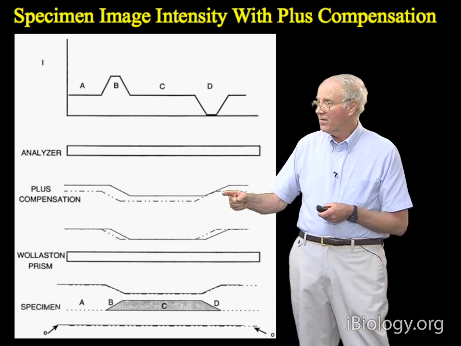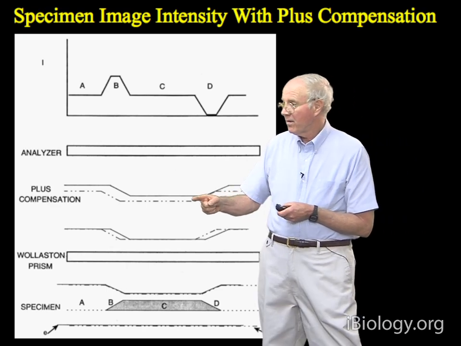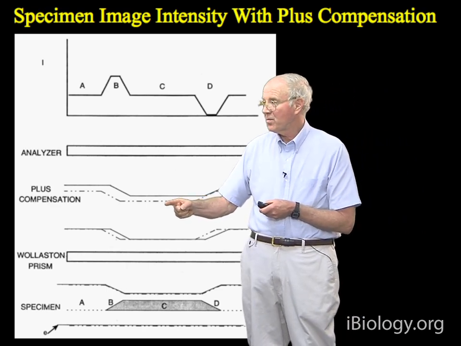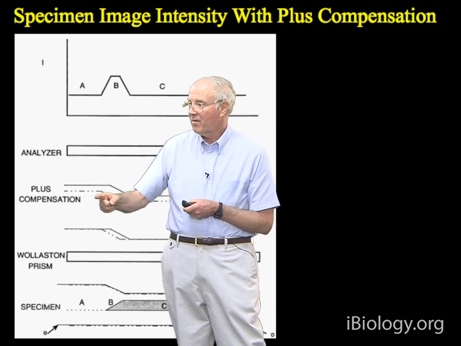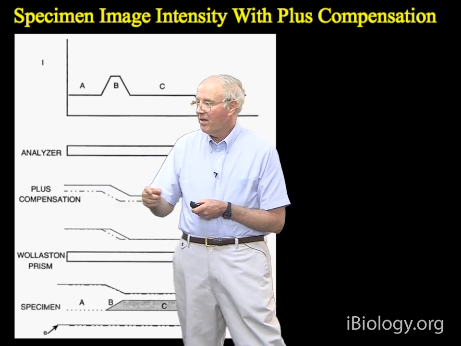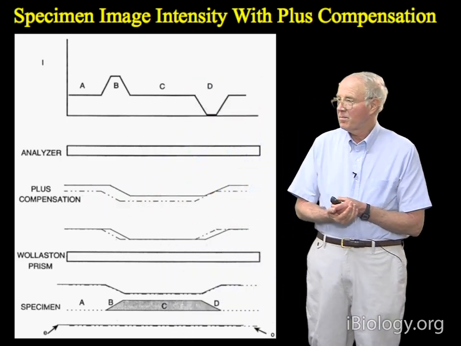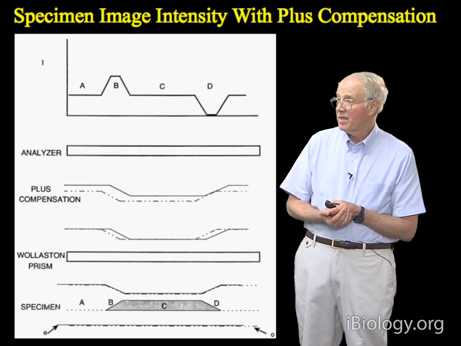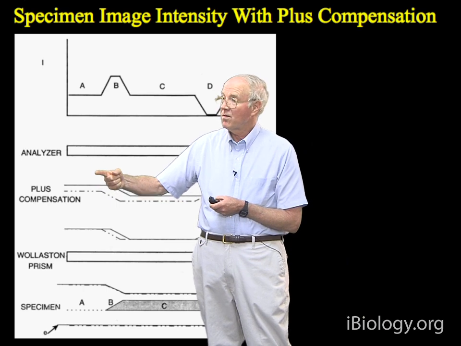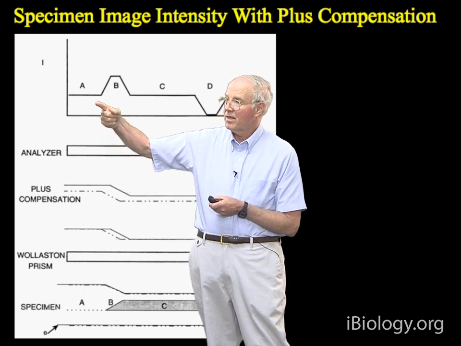But the background, if you look here, or you look at constant regions of the specimen, or at the background over here in A, they all have the retardation that's been produced by our compensator, and as a result produce light.